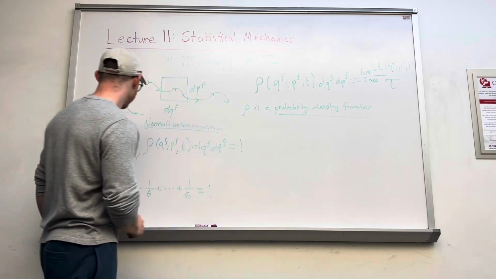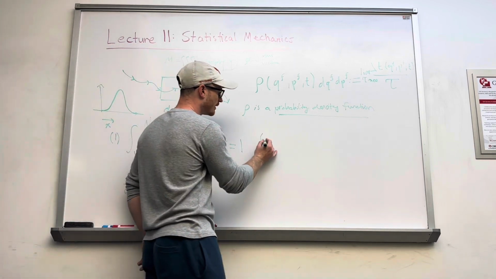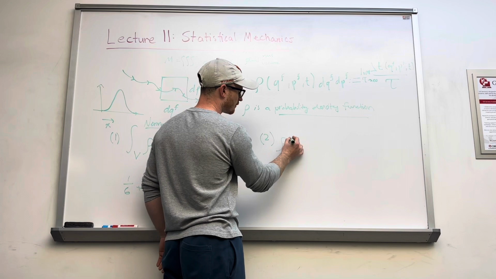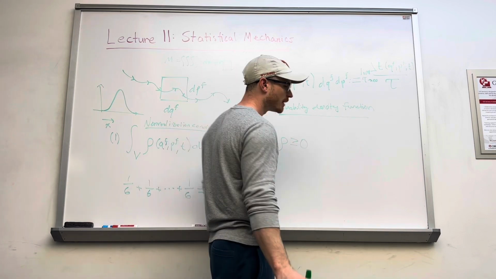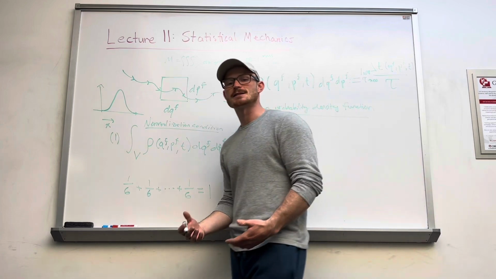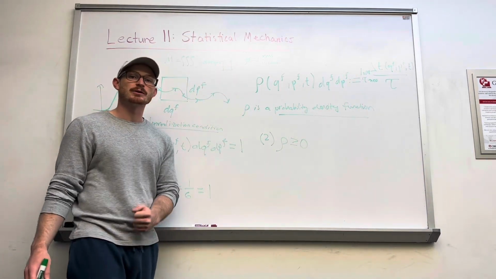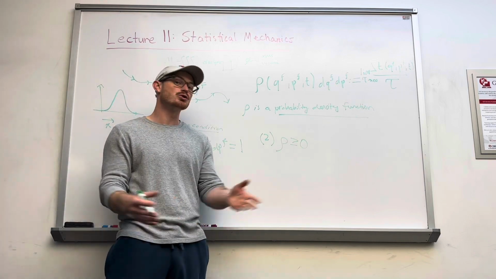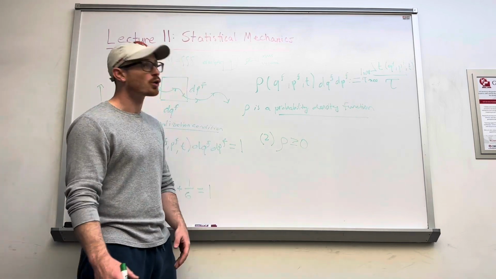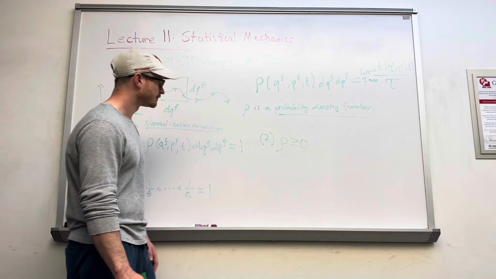So this is condition 1. The second condition that's important is that rho cannot be negative. It's a non-negative quantity, because probabilities don't make sense if they're negative. You can only have a probability of 0, in which there is no chance an event will happen, or a non-zero probability that's positive and less than 1.